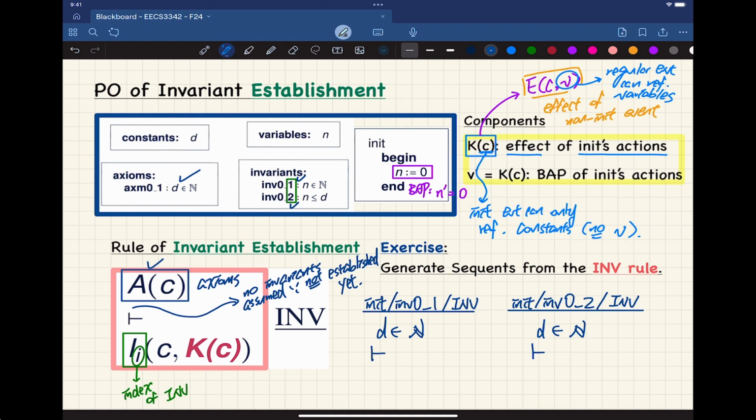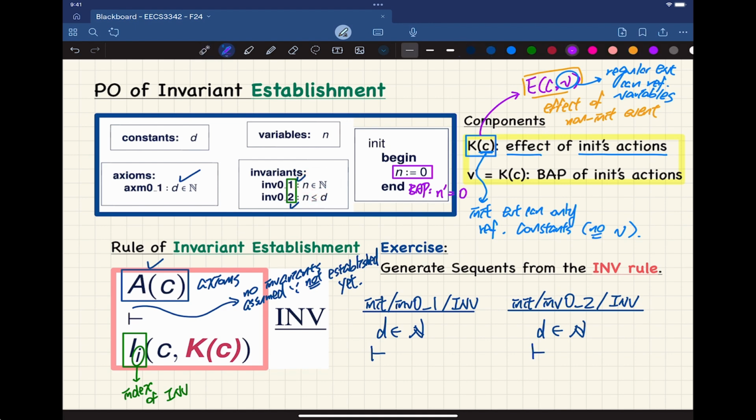Assuming this, we want to show that after the execution of the events of init, the action should be able to establish the invariance. And I would suggest we do something very similar to what we did earlier. Number 1, you want to put the invariant condition first, as an intermediate step.